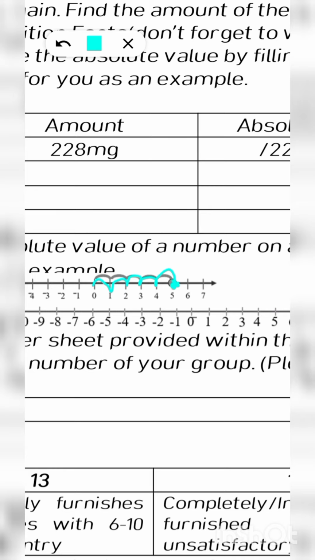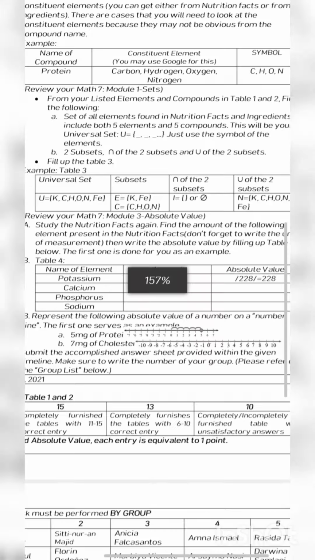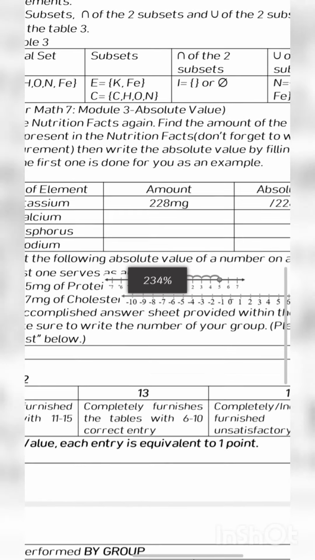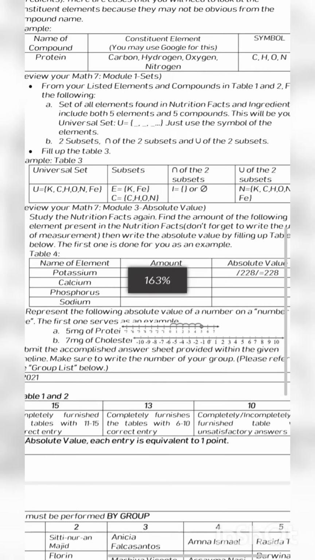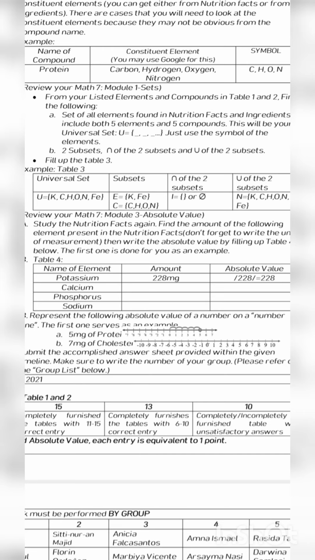So this is now the place of your absolute value. The only thing you will do here is to find the absolute value on the number line of cholesterol, which is 7 mg.